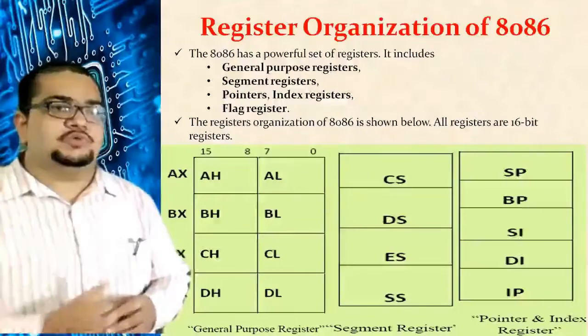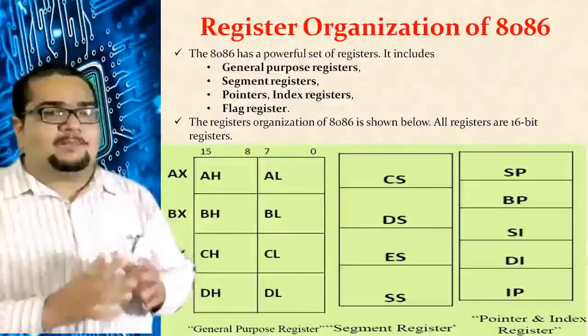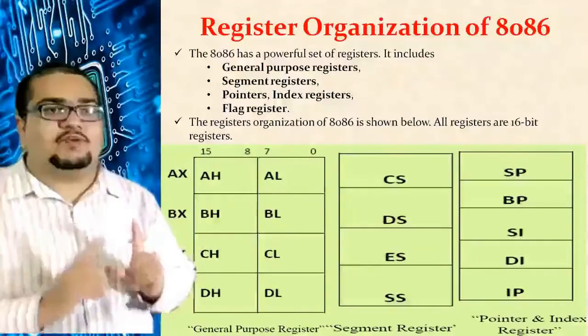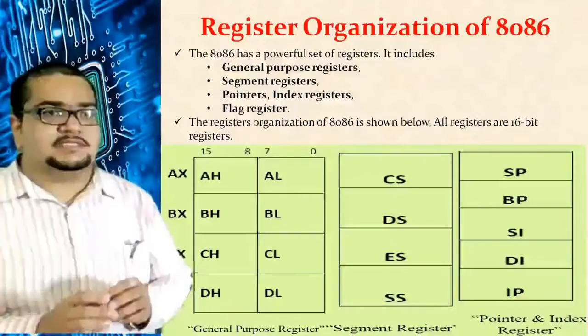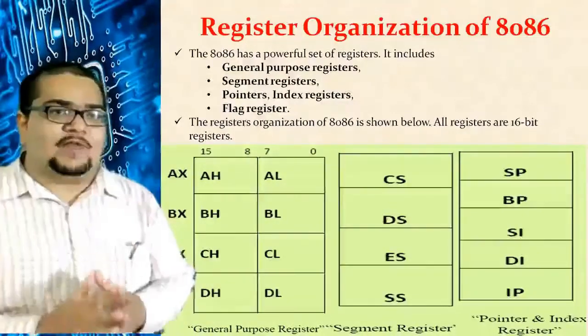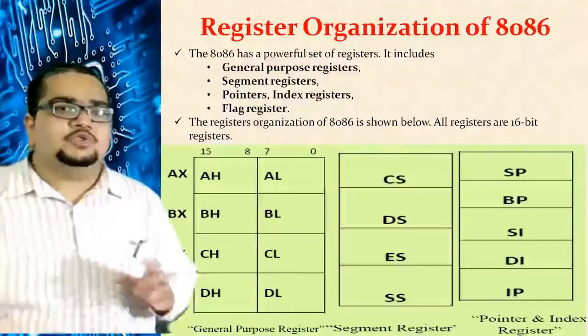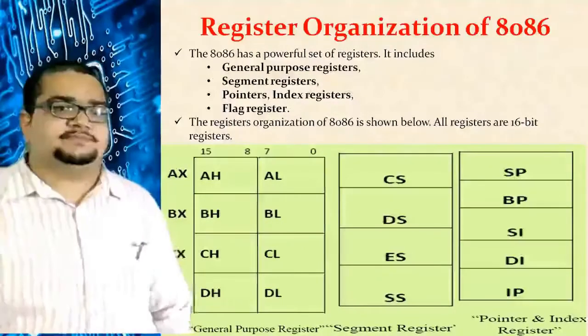So 8 plus 2 is 10, plus 2 is 12, plus 1 is 13. Apart from these 13 registers, we have 1 flag register, a 16-bit flag register, of which only 9 flag bits are active. So these 14 registers are there in the 8086.